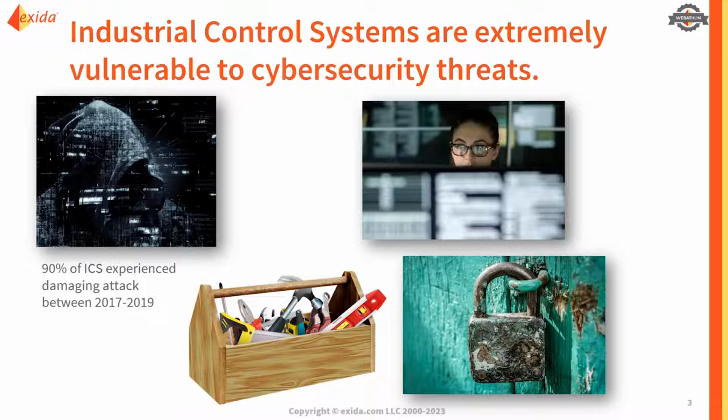Some studies done between 2017 and 2019 showed that of the industrial control systems in those studies, 90% of them experienced a cyber attack within that 2-year window. So it's not just the biggest companies that are being targeted; it really is impacting the vast majority of companies that have seen some sort of cybersecurity incident.